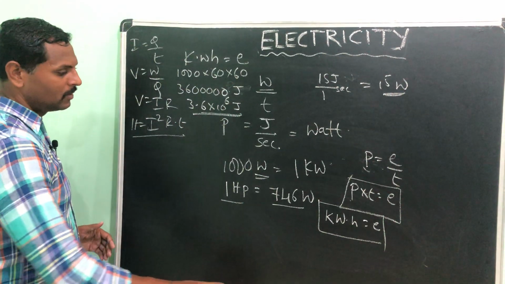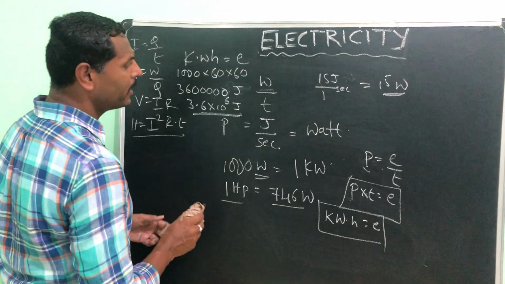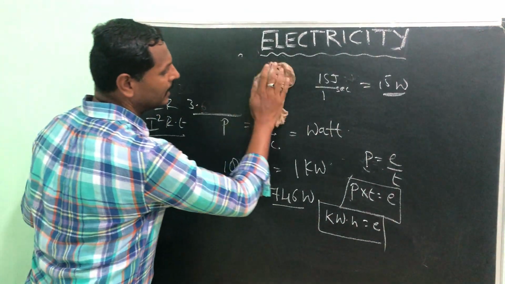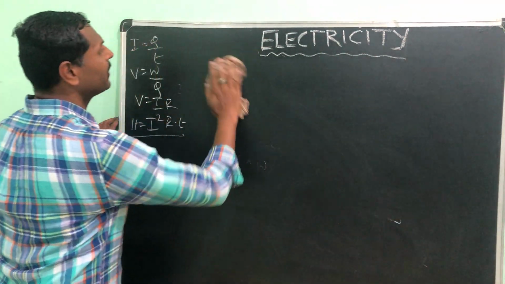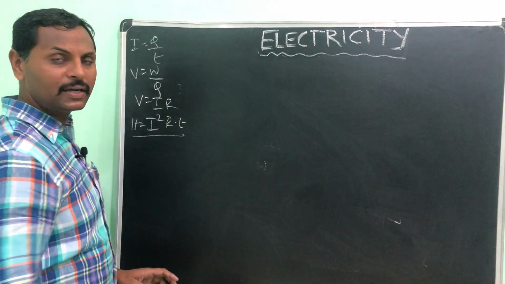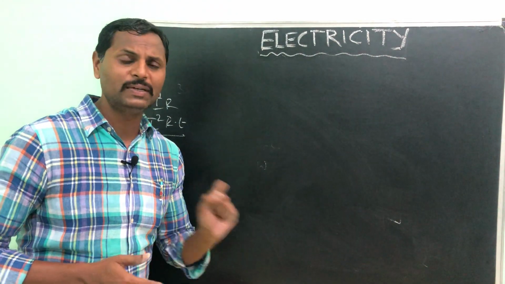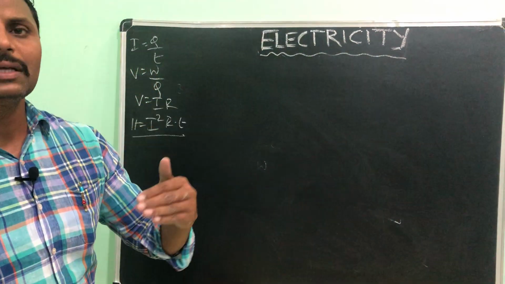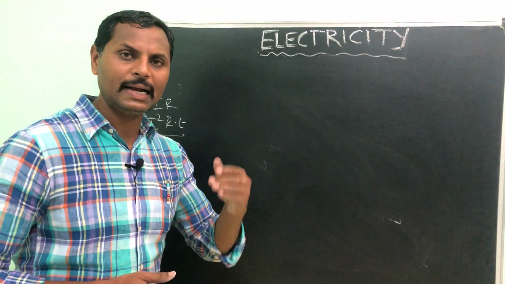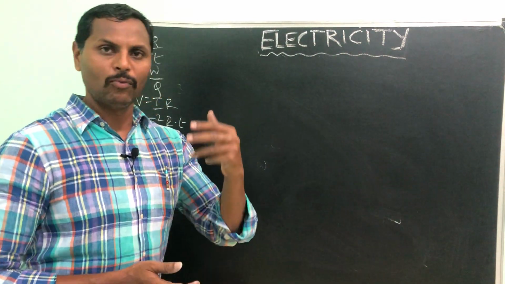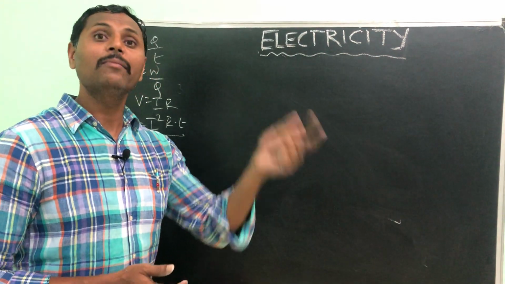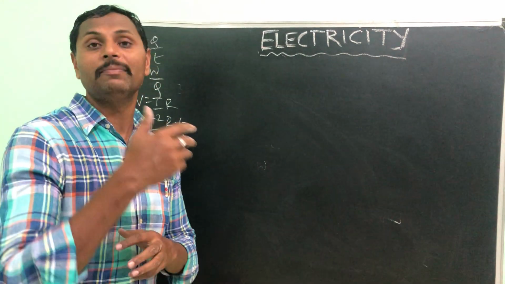Okay then. So last we will come to the main point of this lesson, that is where we are using the heating effect in our day to day life. Just as we discussed, the more the current flow in a conductor, more will be the heat; more the resistance of the conductor, more will be the heat; more time the current flows in a conductor, more will be the heat.